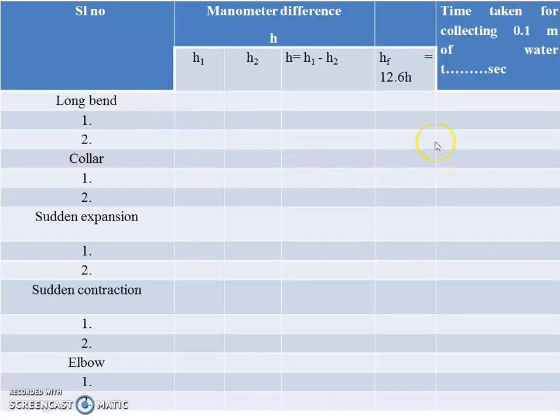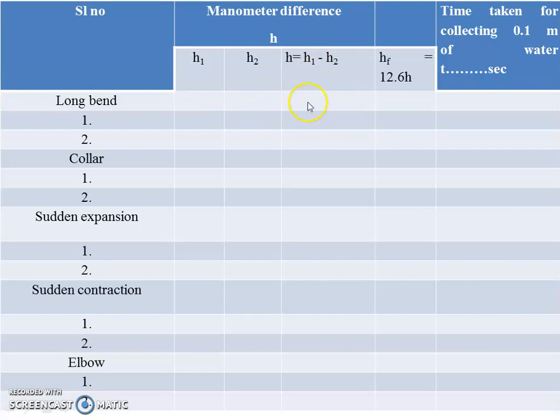And this is the tabular column which has to be maintained for finding the head loss coefficient. Now there are 5 sections which we already have seen, that is long bend, collar, sudden expansion, sudden contraction, and elbow. So for the first one, that is long bend, we will note down H1 and H2 using the manometer.